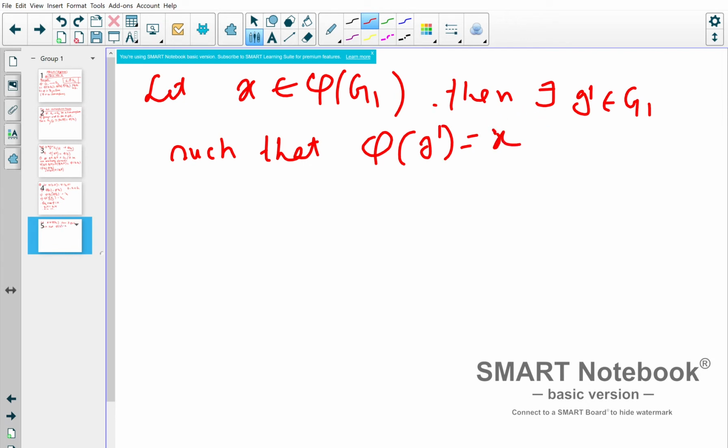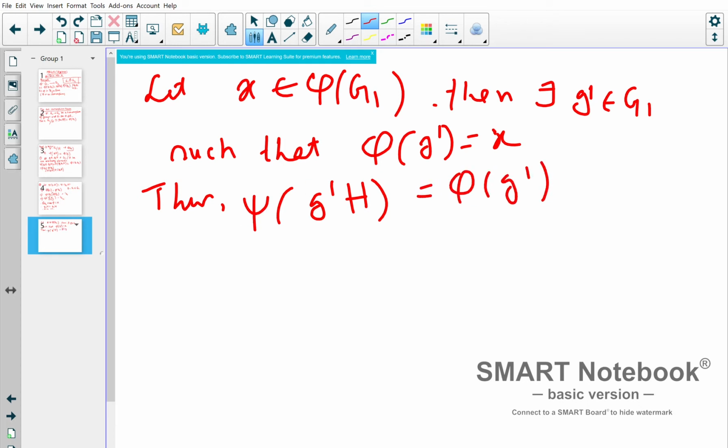So you take this element G dash H, an element of G1 mod H, and you take the image. This image will be phi of G dash, which is X, and so psi is an onto map, right?